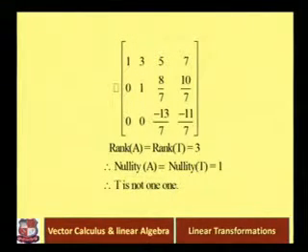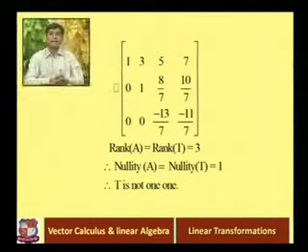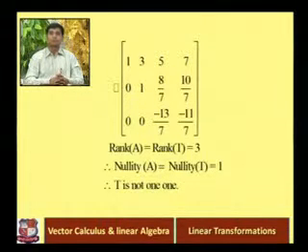You can see all 3 rows are non-zero, so the rank of that matrix is 3 and the nullity is 1. Again, why is nullity 1? Because the dimension of the domain is 4, because this transformation is from R4 to R3. We know that if T is from Rn to Rm, the standard matrix is of the form m cross n.